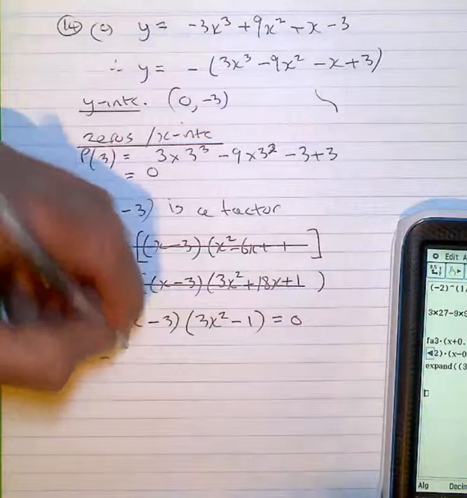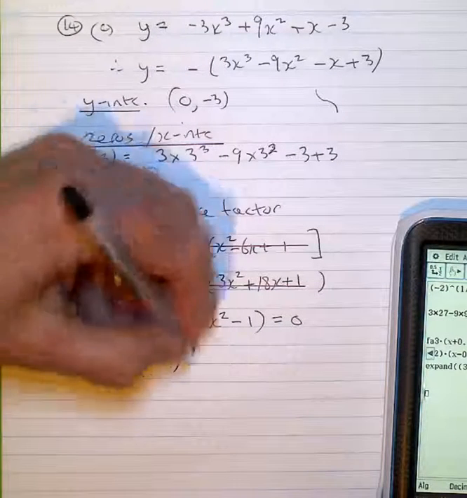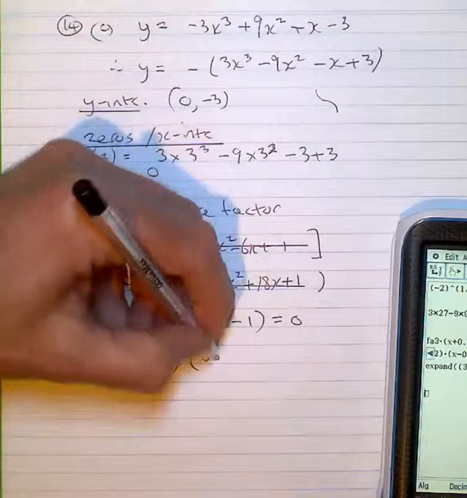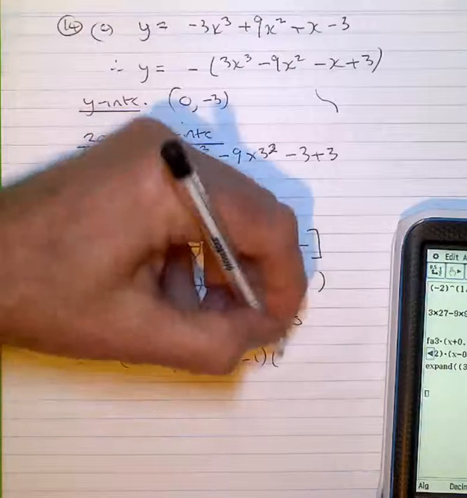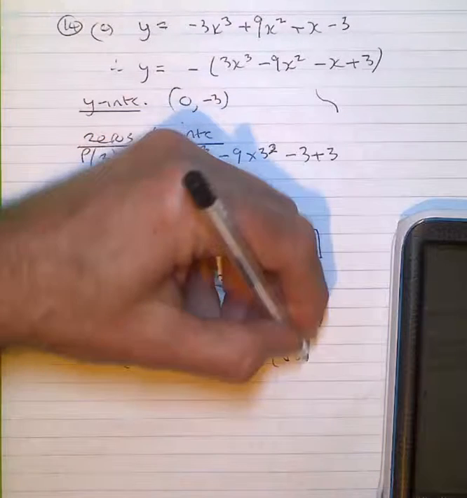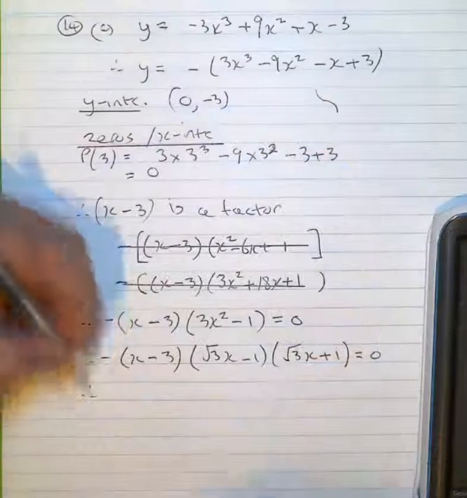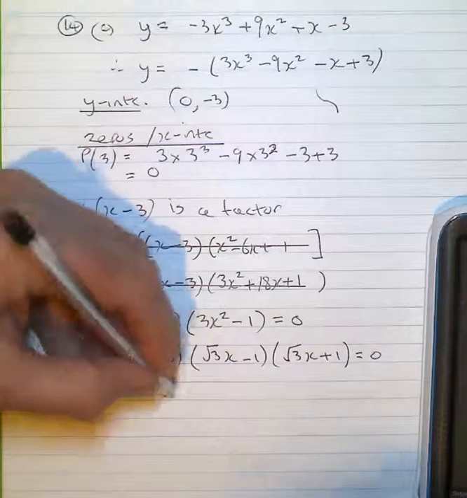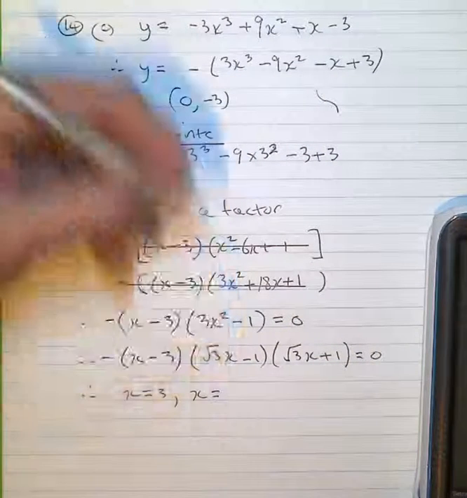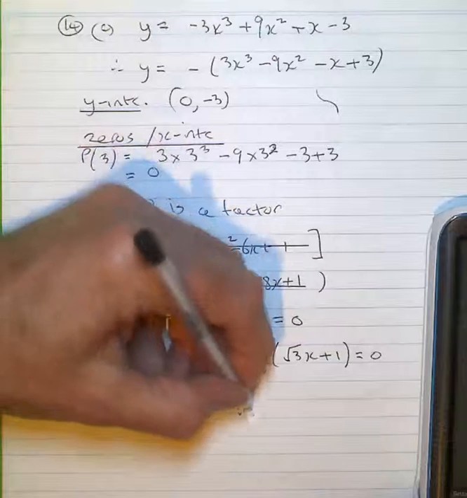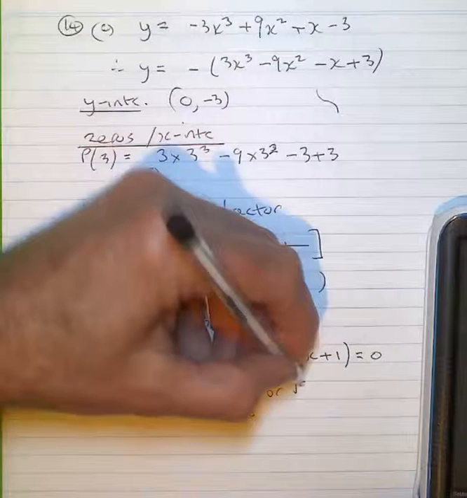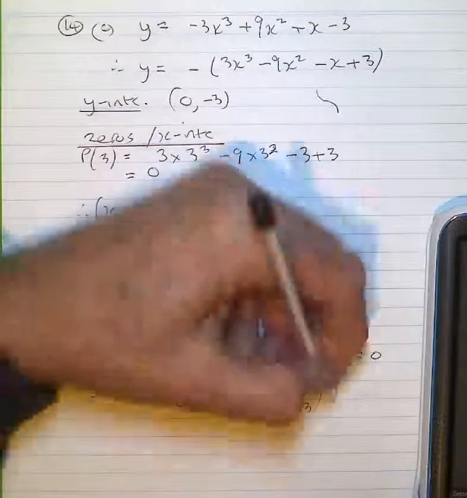So that's actually a difference of squares, believe it or not. So that becomes root 3 x minus 1 lots of root 3 x plus 1 equal to 0. So therefore, x is equal to 3, x is equal to 1 over root 3. The answers might say root 3 over 3.